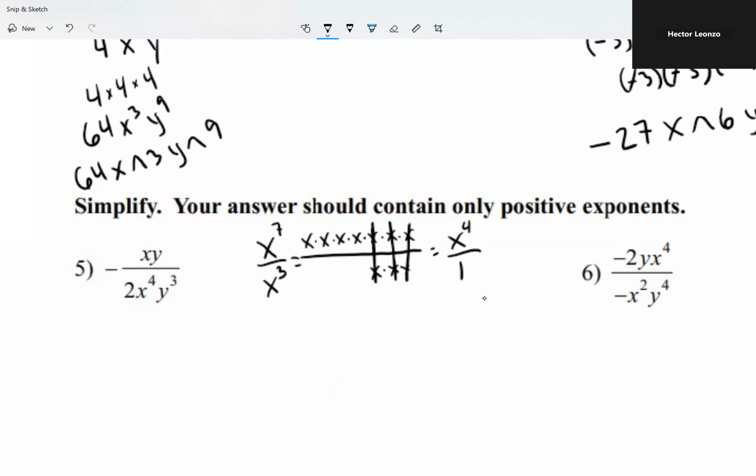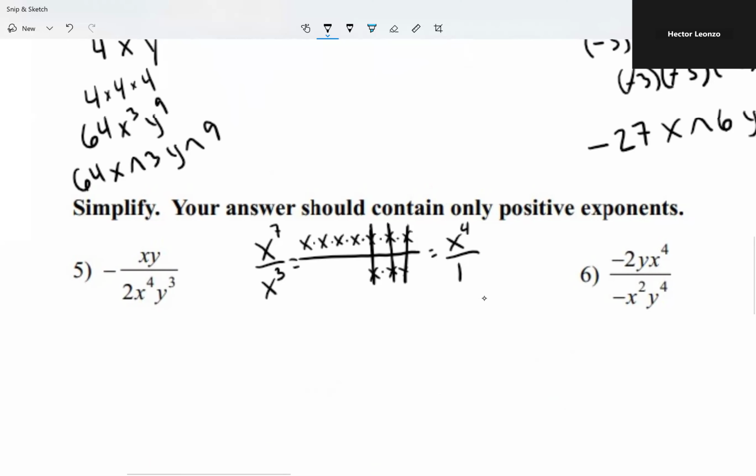At the bottom, I just have nothing. I cannot leave it empty. When I have everything empty, I'm going to put a 1. Now, if the 1 was on top, leave it there. You cannot change your fraction. When the 1 is at the bottom, this thing stops being a fraction and it just becomes x to the 4th.